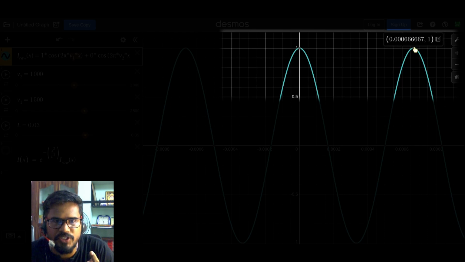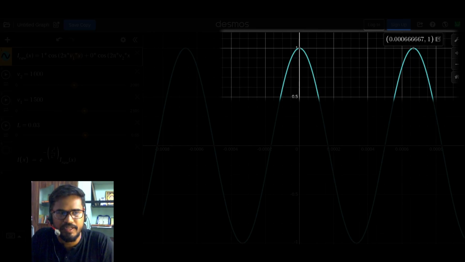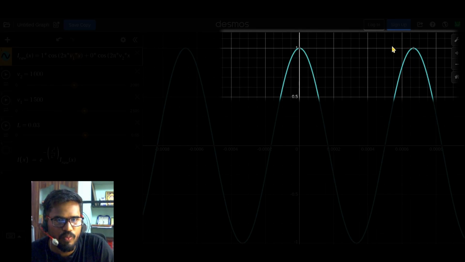So when do you arrive at it? 0.00067. If I take 1 divided by 1500, I get exactly that value. If nu 1 into x is 1, that is x equals 1 by nu 1, 1 by 1500, the function is repeating again. It was 1 here, got back to 1 here.